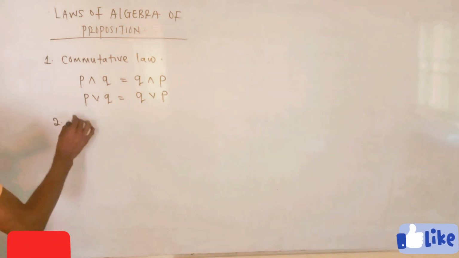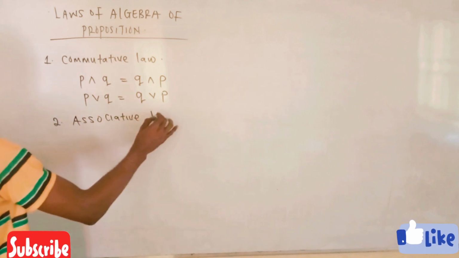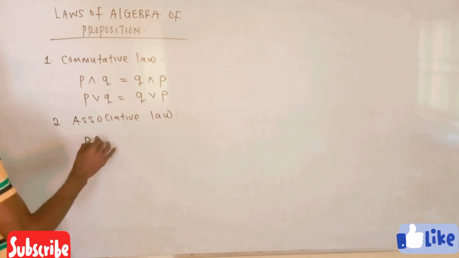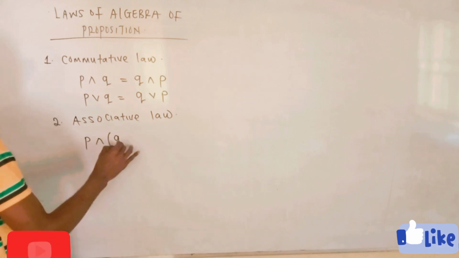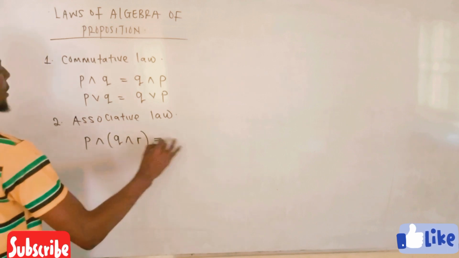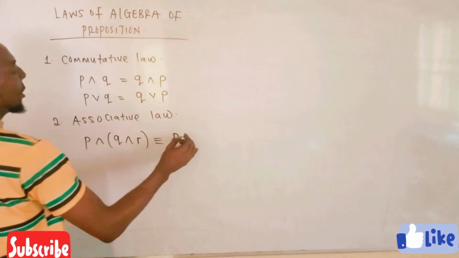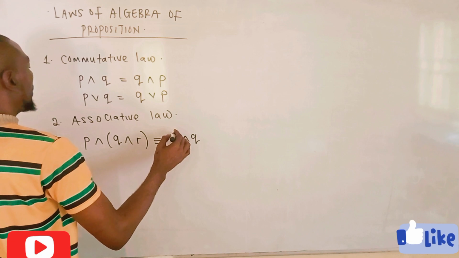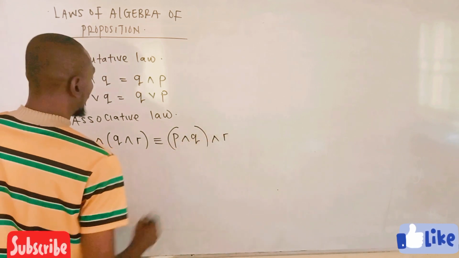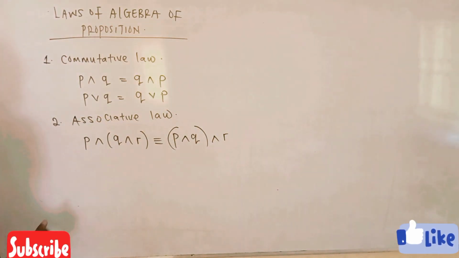Number two is the associative law. Under associative law, we have P and (Q and R) is the same thing as (P and Q) and R. It's taking Q to one bracket and leaving R to be there.